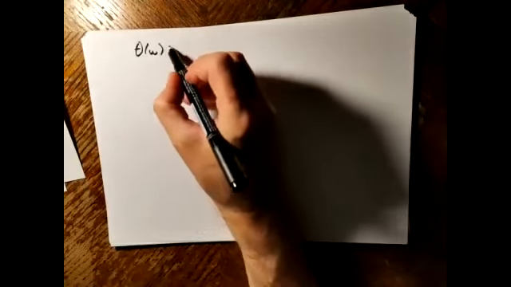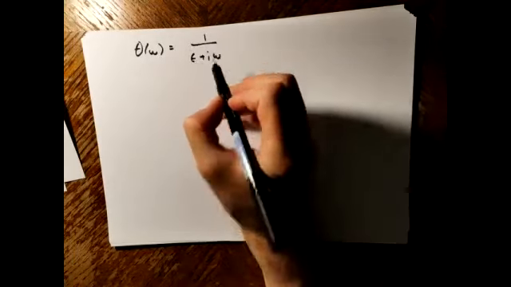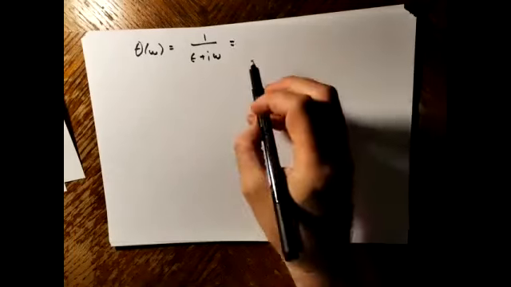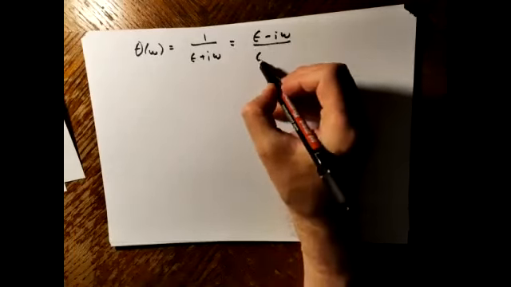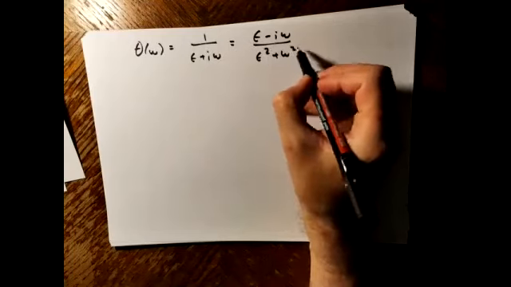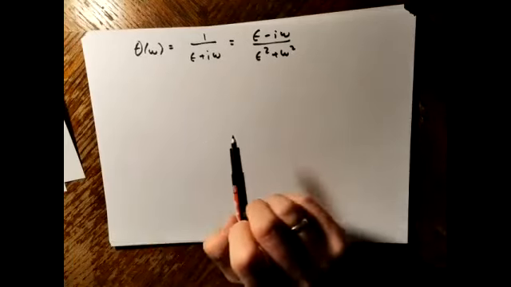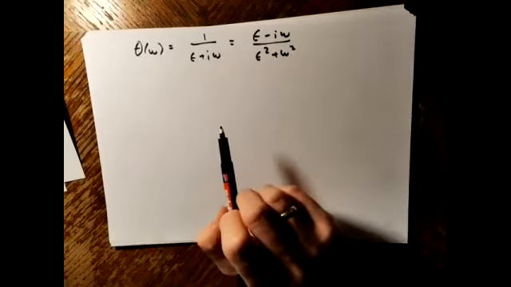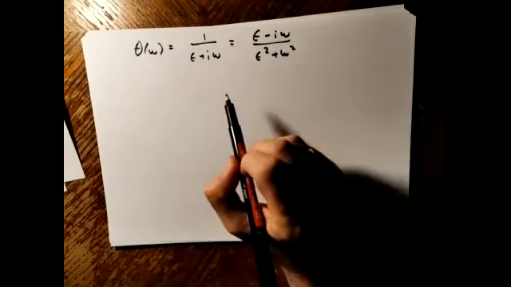So what we found so far is that our theta function has a Fourier transform, which is 1 over epsilon plus i omega. Or we can write this also as (epsilon minus i omega) over (epsilon squared plus omega squared), right? And then if we take the limit as epsilon goes to 0, well, there's one problematic aspect here.